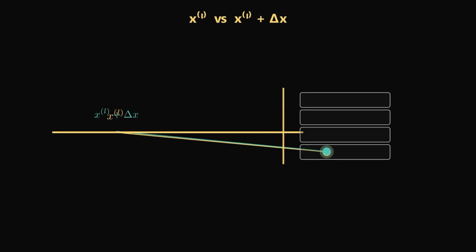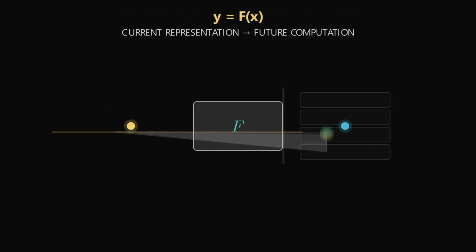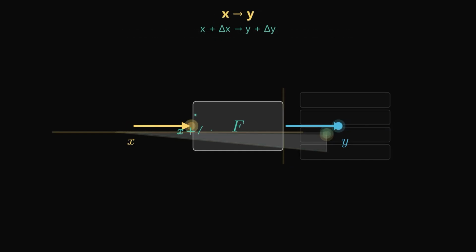Now we have an internal representation x, and we make a tiny change to it, delta x. The question is simple. After this tiny change, how much will the computation in the future change? Suppose the future computation is represented by y. Then y is some function of our current representation, x. If we change x by a small amount delta x, the future computation changes by some amount delta y.